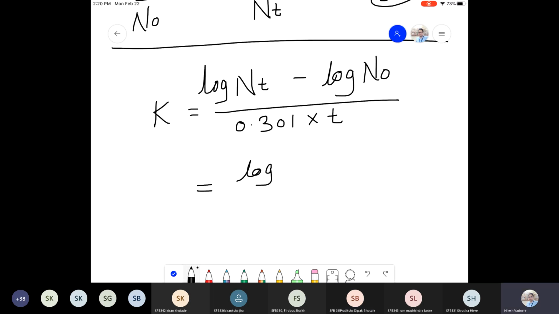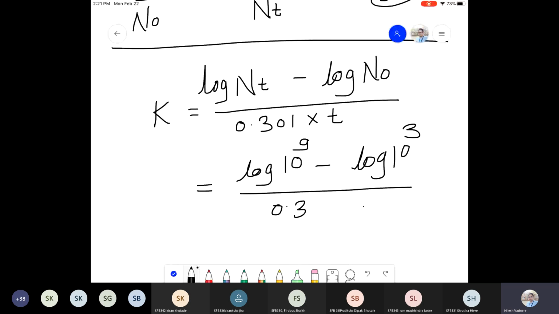k is equal to log of nt, which is 10 raised to 9, minus log of 10 raised to 3, divided by 0.301 into 10 hours.